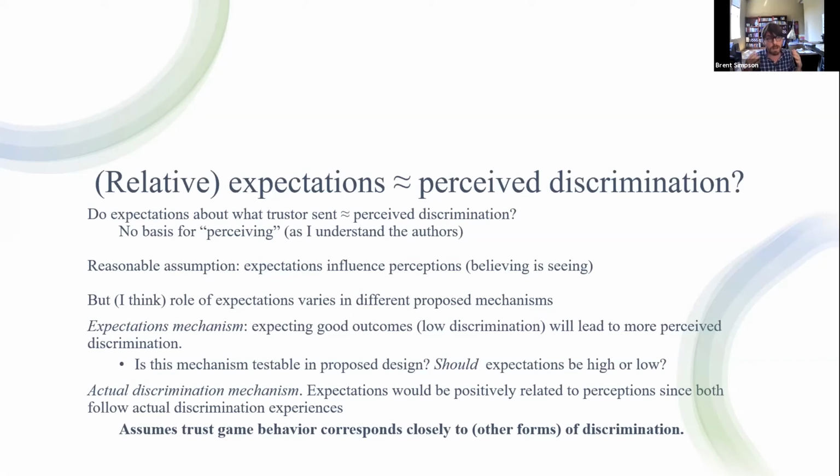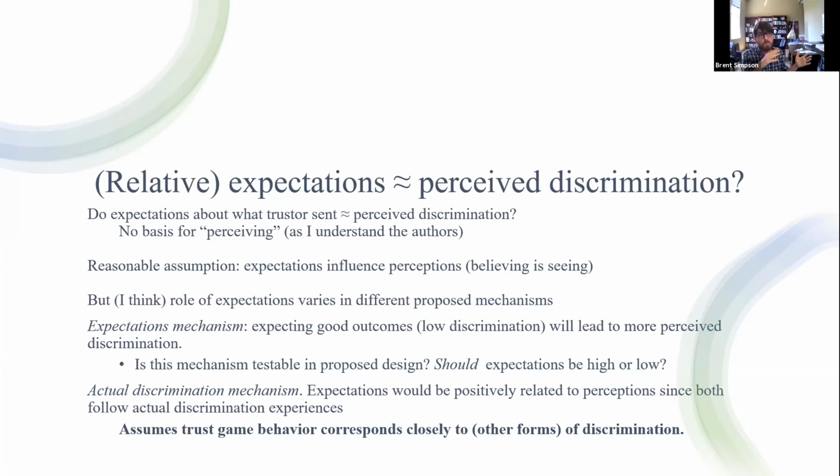There's a basis for expecting discrimination, but not perceiving it. It's a reasonable assumption that expectations will influence perceptions in a sort of believing-is-seeing way. But while we might be primed to perceive something that we expect, expecting a given outcome versus perceiving that a specific outcome resulted from discrimination are very much distinct.